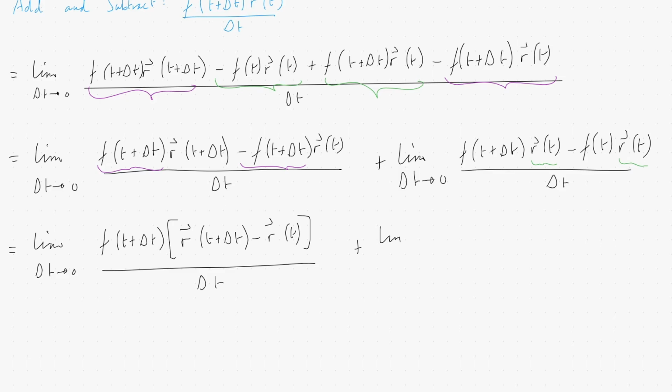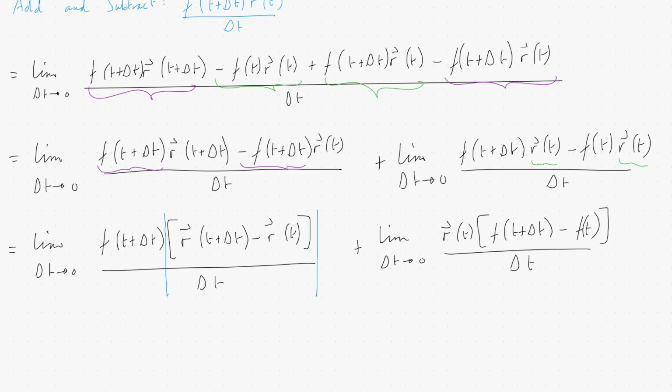And on the other side, we have the limit as delta t goes to 0 of taking r of t out and leaving f of t plus delta t minus f of t, all over delta t. Now, I think it's fairly clear what's going to happen here. We can split each fraction into these parts here in the blue.